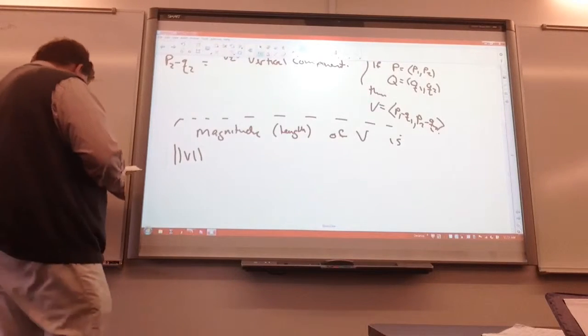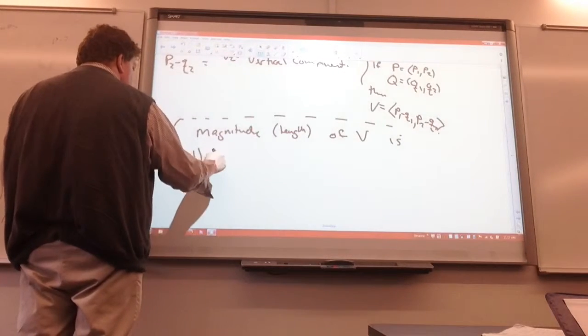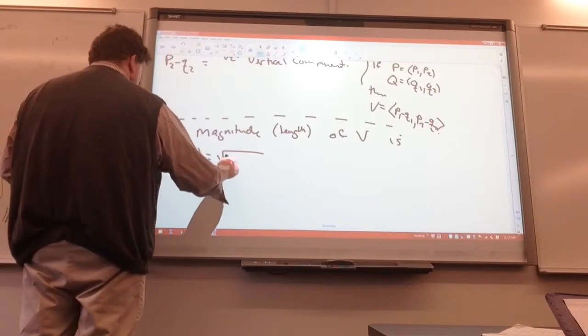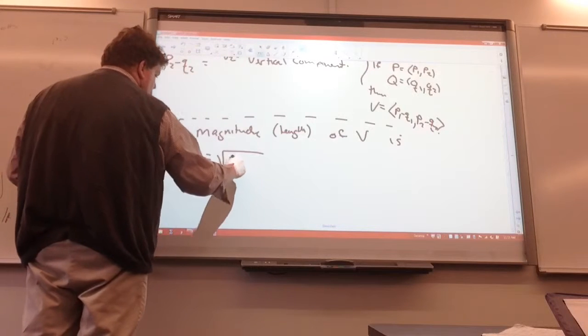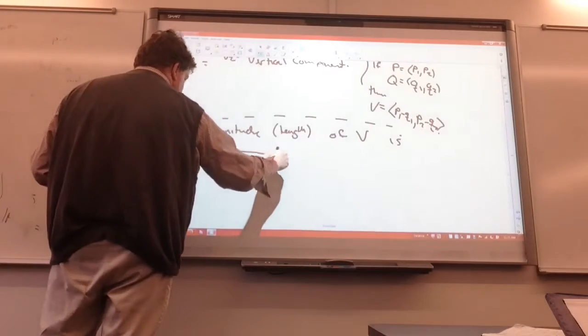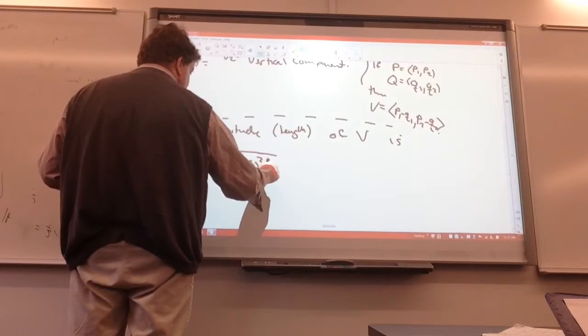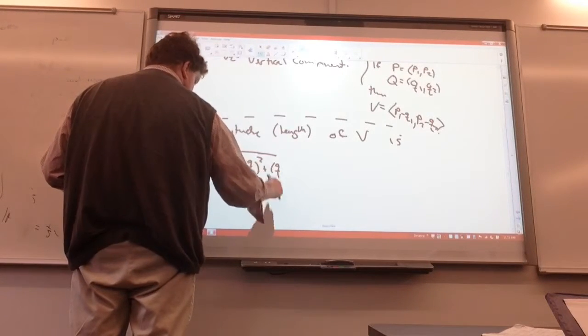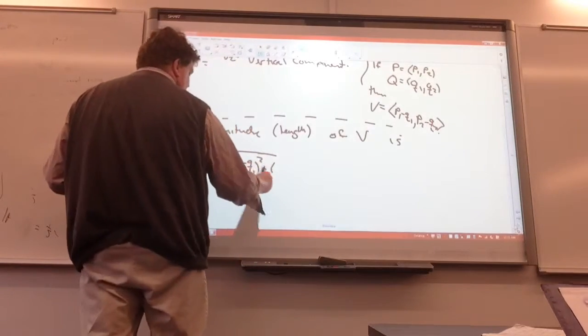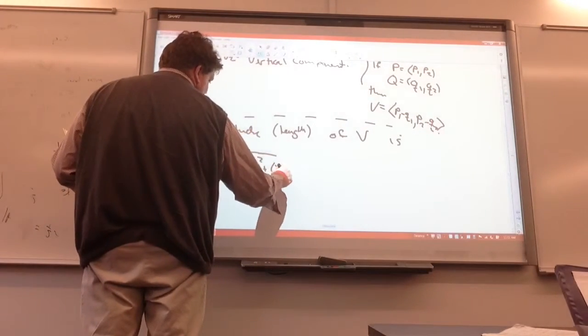And it's going to be equal to the square root of the difference between P and Q squared plus, so the horizontal part squared plus the vertical part squared, basically.